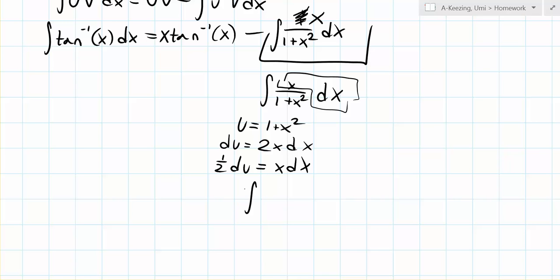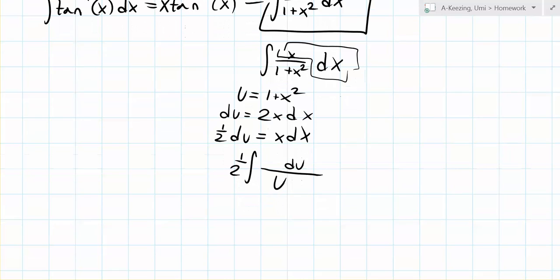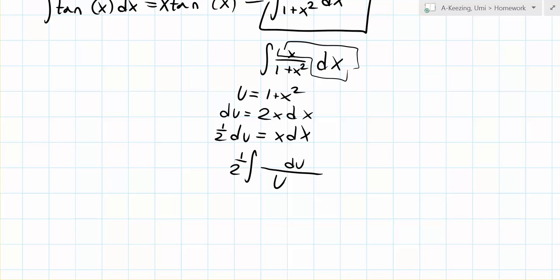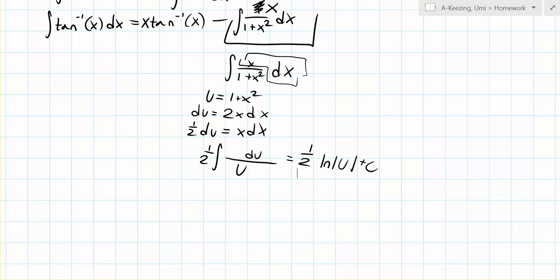So let's just say du, and then I'll put the 1/2 outside of the integral so that it's prettier, and then divide that by 1 plus x squared, which conveniently is equal to u. So this is a manageable integral, right? We know that the integral of 1 over u would be ln of absolute value of u plus c, and then we have to multiply that by 1/2 because that's outside the integral.